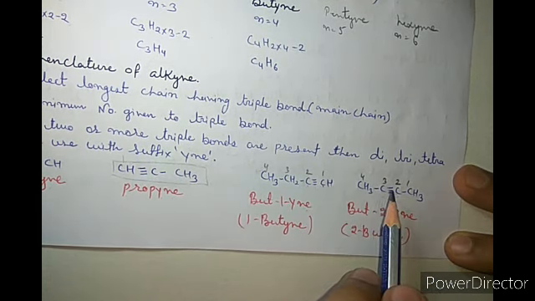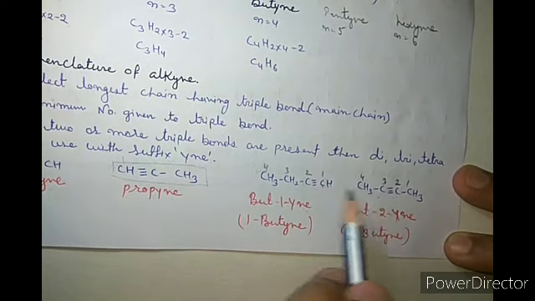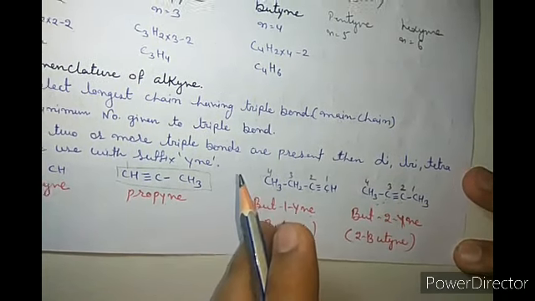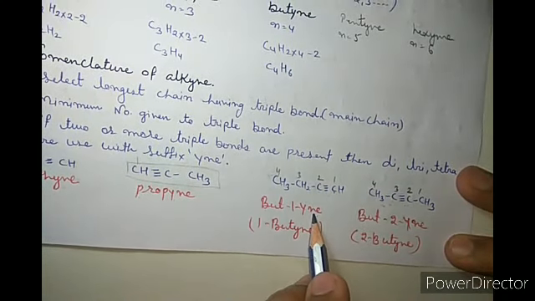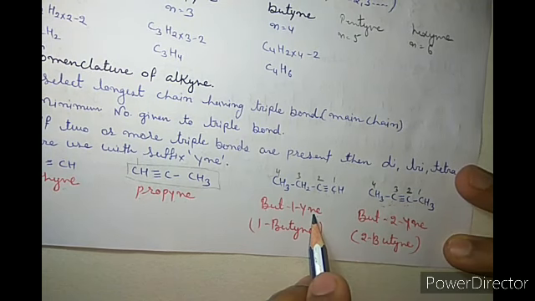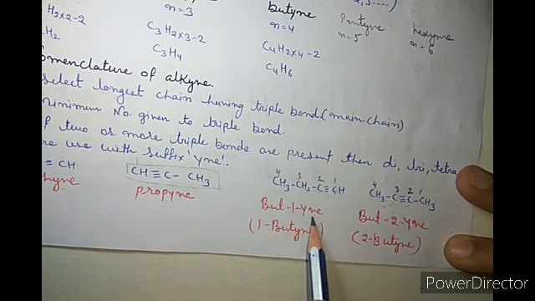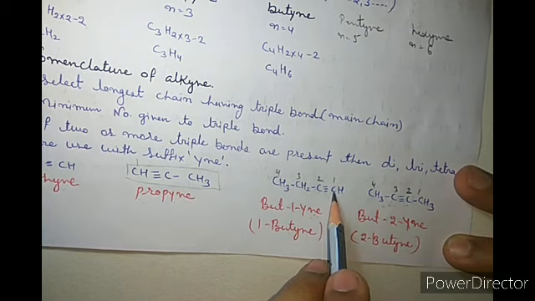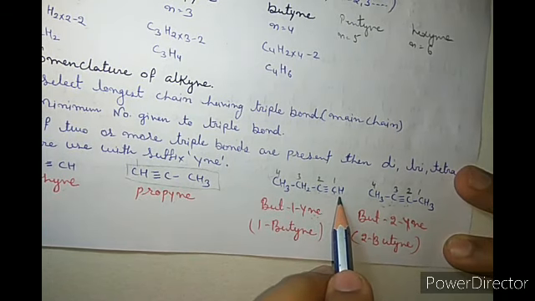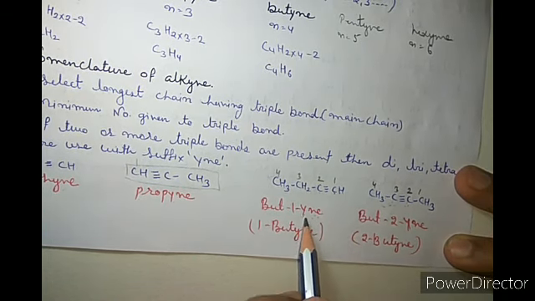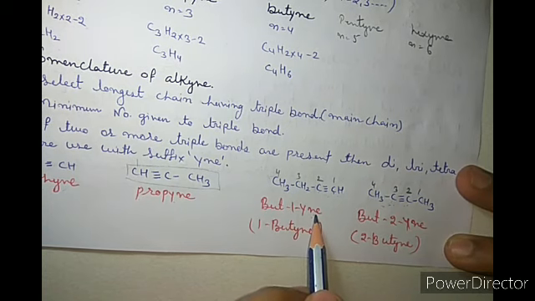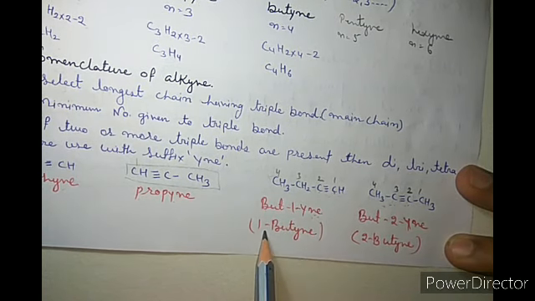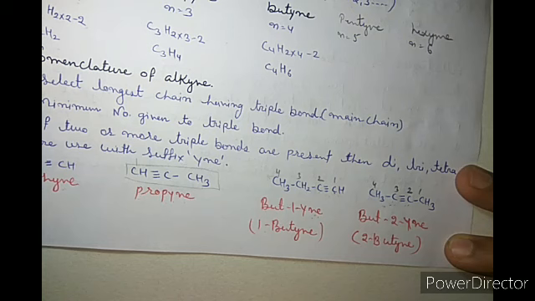To distinguish them, we start using the positions of the triple bond. So here but-1-yne, because the triple bond is present on the first carbon, or we can also say 1-butyne.